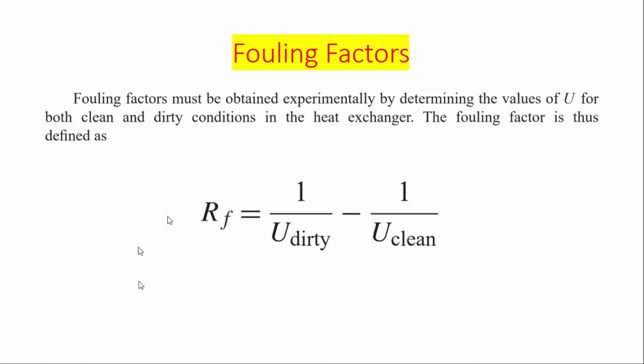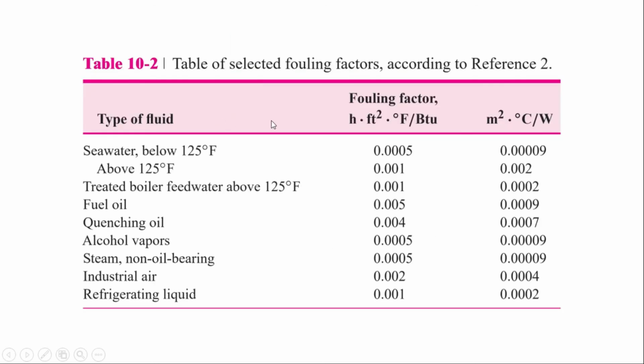It is a function of U dirty, which is the overall heat transfer coefficient when the heat exchanger is in use, and U clean, the overall heat transfer coefficient when the heat exchanger is clean, with no deposition at the internal surfaces of the heat exchanger. This is the list of tables that will give you the values of the fouling factor for different types of fluids.